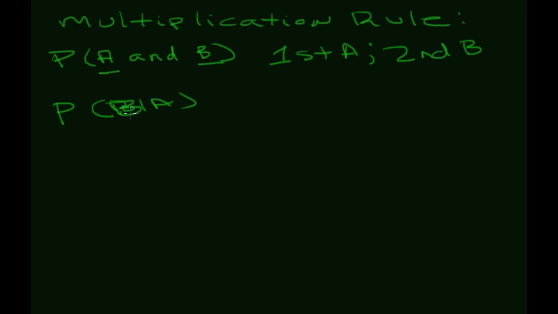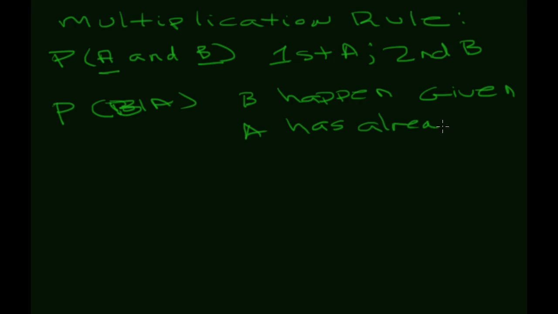Oftentimes this is read as the probability of B given A. It just means the probability that B happens given that A has already happened. This is the probability of B happening given that A has already happened.